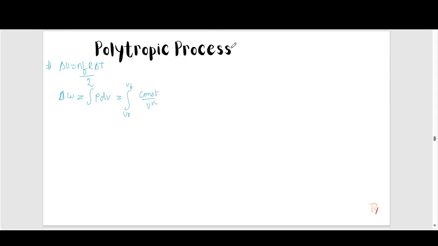Since polytropic is nothing but PV to the power of n gives me a constant, into dV. By substituting it, we get constant into V to the power of minus n plus 1 by minus n plus 1.